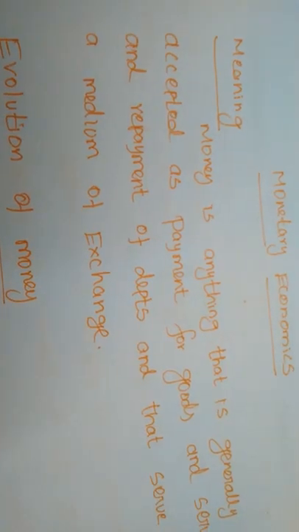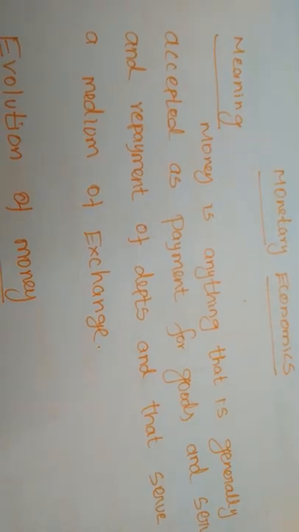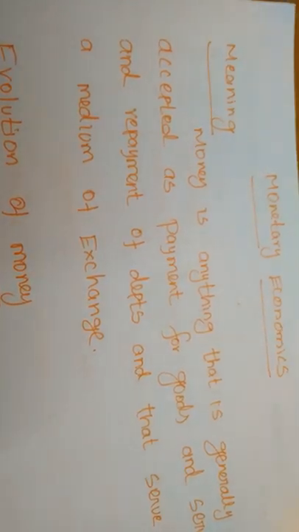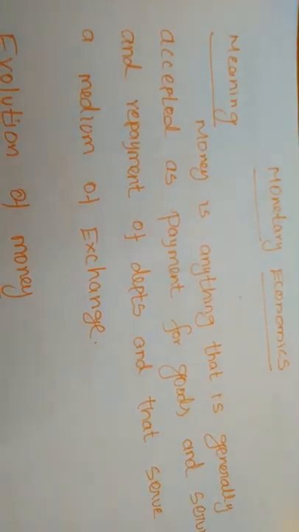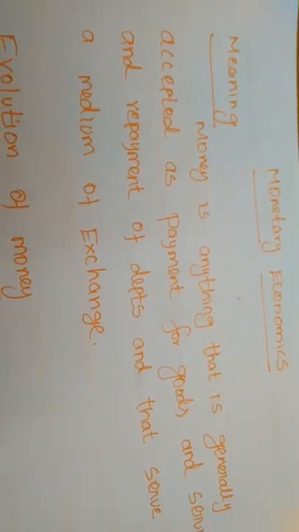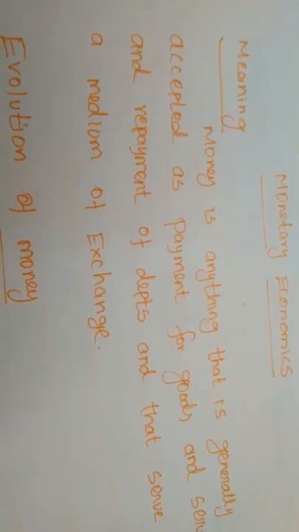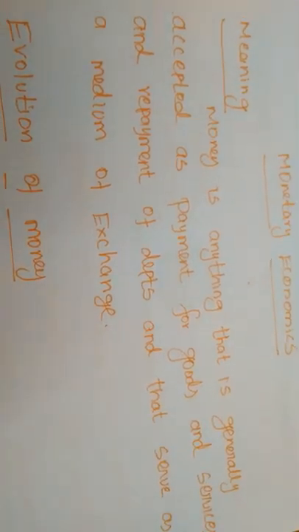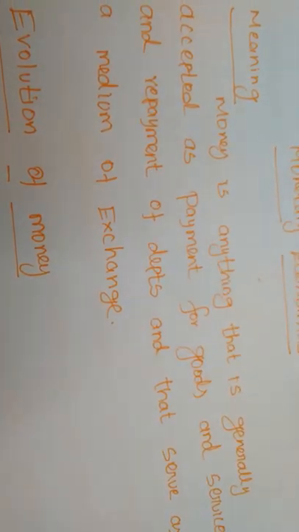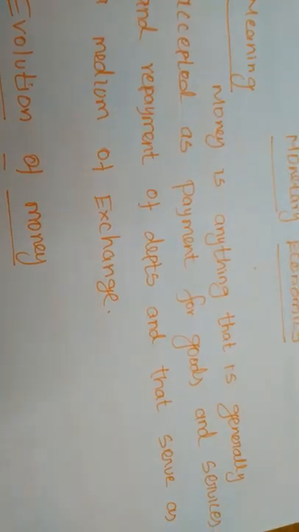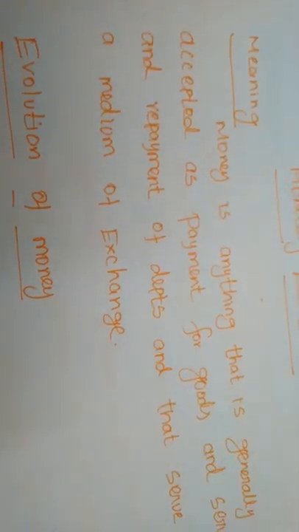So whatever is accepted by both buyer and seller for their buying and selling activity is called money. Not only that, it is used for services and repayment of debts, and it serves as a medium of exchange.